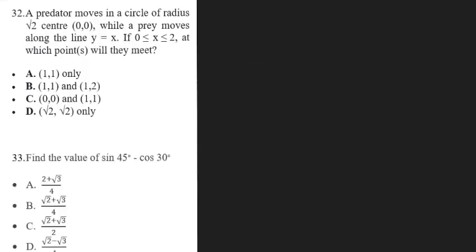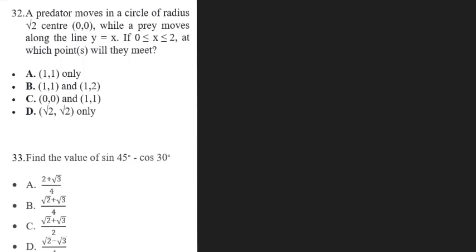All right, question 32 says a predator moves in a circle of radius root 2 with center 0, 0, while a prey moves along the line y equals x, right? So from the question, if 0 is less than or equal to x is less than or equal to 2, at which point will they meet?